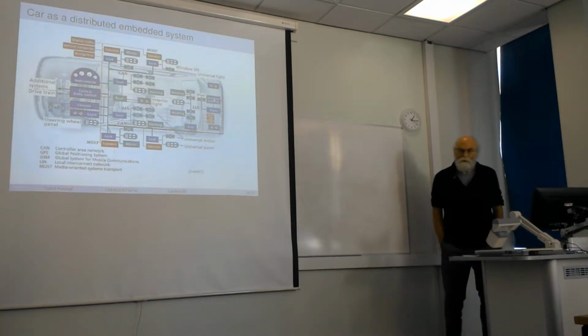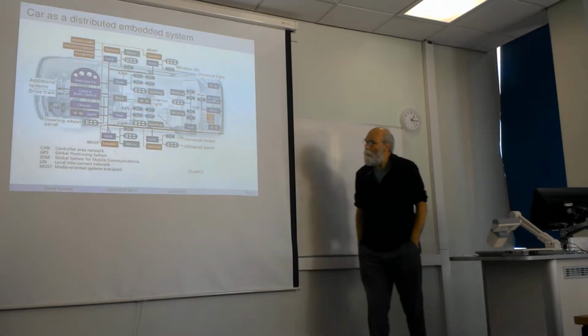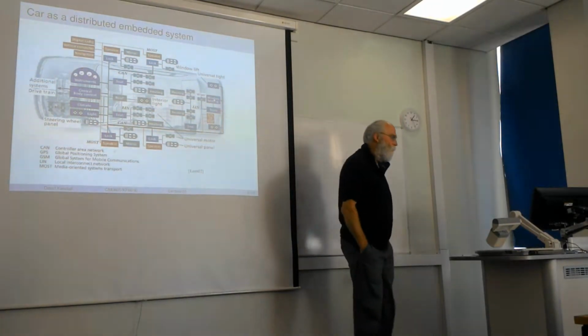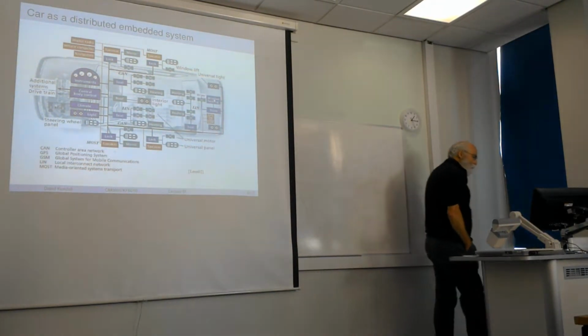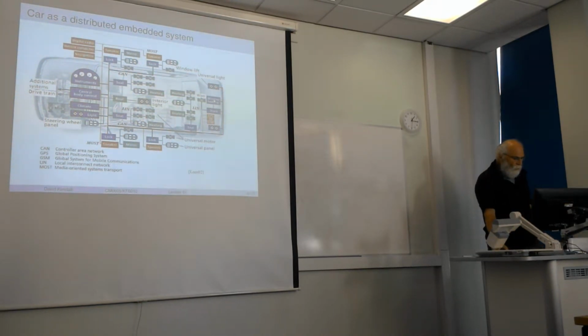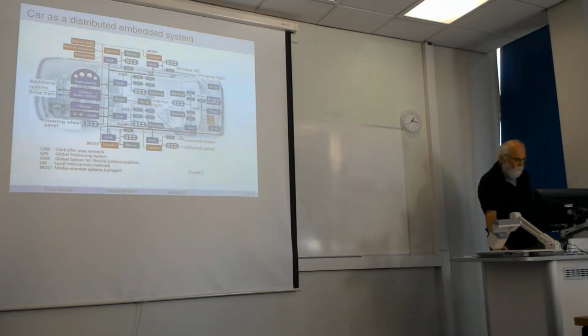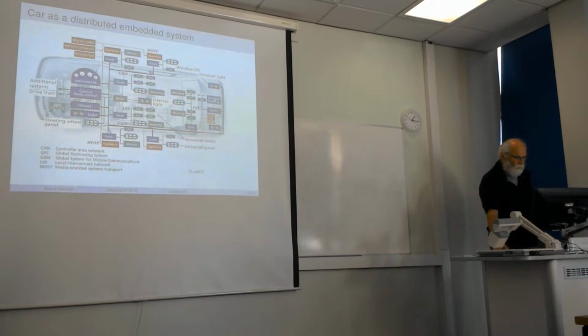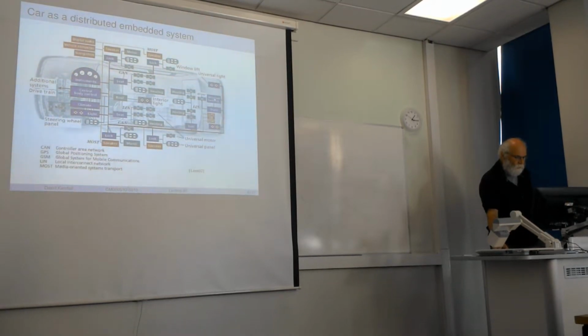So here's a kind of abstract view of the structure of the embedded systems in our car. And you can pick out some of the key communication technologies here. Here there's a CAN bus, controller area network. There's a kind of cheap and cheerful version of CAN called LIN, which is a local interconnect network, which is used for less critical systems.